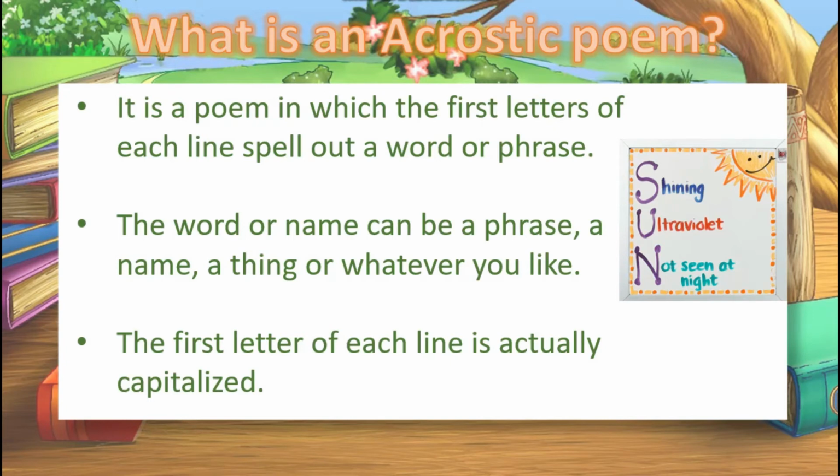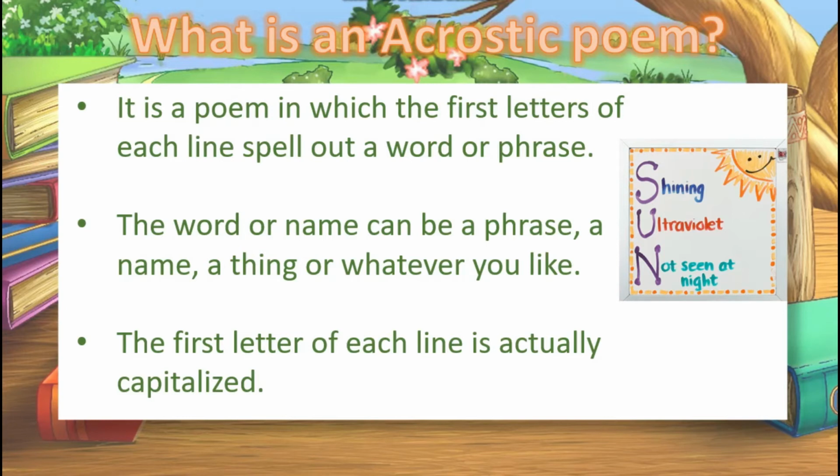And last but not least, they tell you that usually the first letter of each line is capitalized. You can see that the S is capitalized, the U is capitalized, and the N is capitalized.